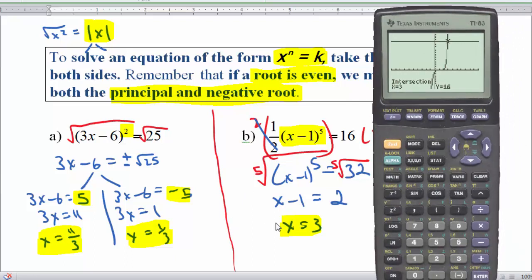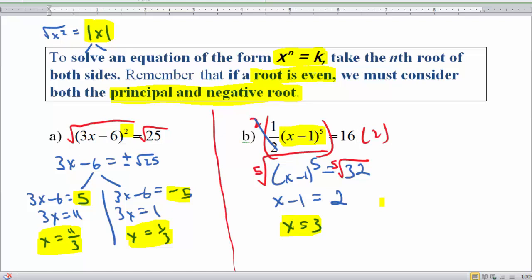I just did a graphical check. Of course, you could do a numerical check also just by going to the table and seeing where y1 and y2 are equal, and they're both equal there at 3. Okay. So that was kind of just a little add-on to that section, this idea of x to the n equaling a number. Just take the nth root of both sides.